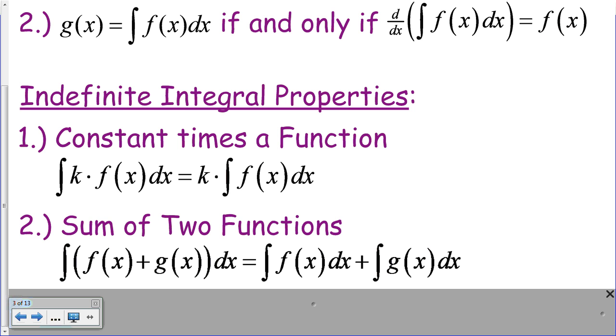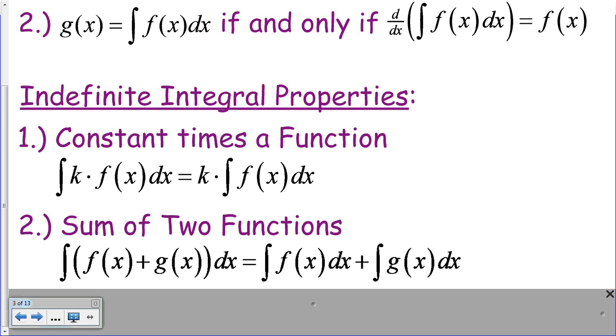In other words, the indefinite integral of a sum is equal to the sum of the indefinite integrals. It's the same verbiage as with limits: the limit of a sum is equal to the sum of the limits. And the same was true with derivatives: the derivative of a sum is equal to the sum of the derivatives. Same thing is true here.